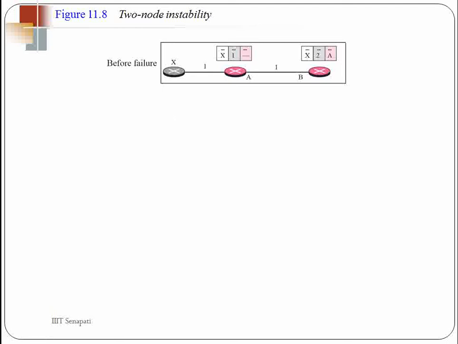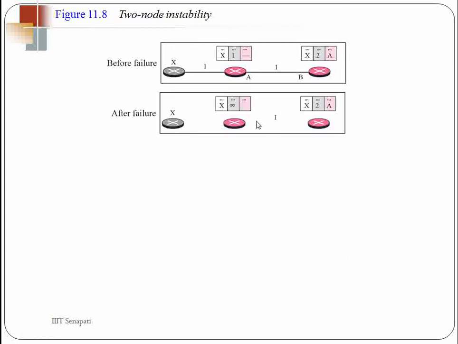Now let me see the table. The table at A says it can reach X in one hop, directly. B has the information that it can reach X in two hops through A. No issues, no problem.